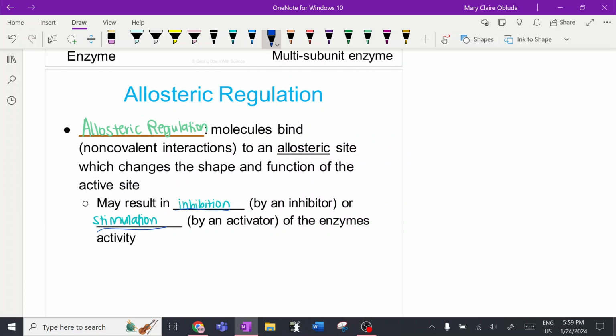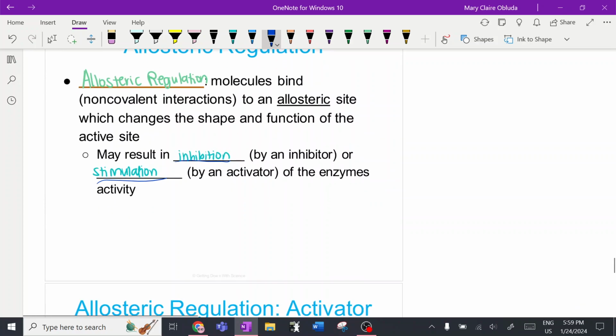So this means that the enzyme could be more open. It could mean that the enzyme will now accept the substrate. Say the active site was like this before, and then something bound to the allosteric site.